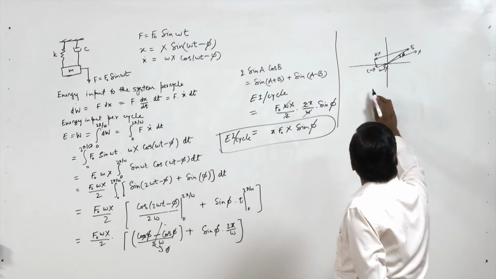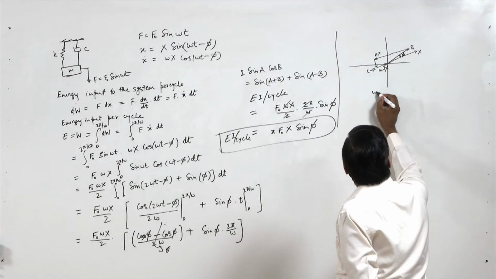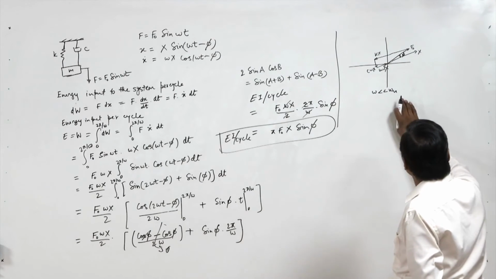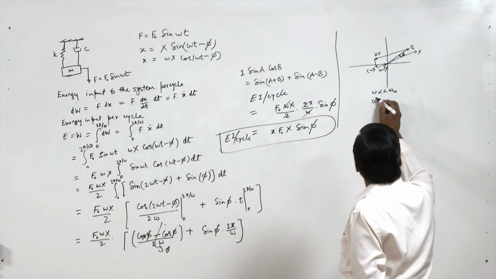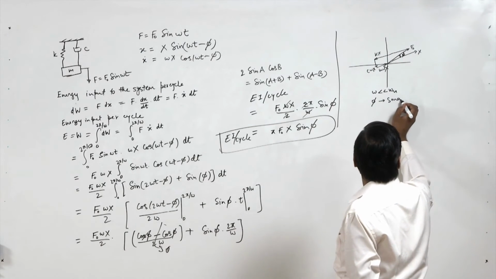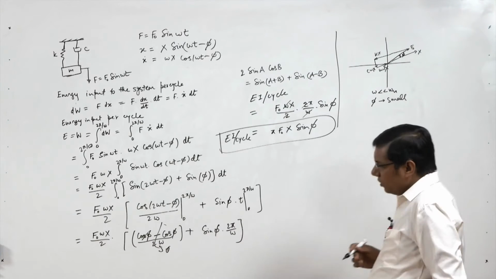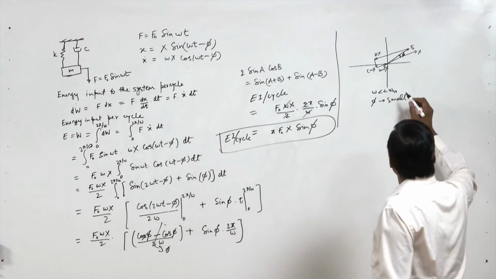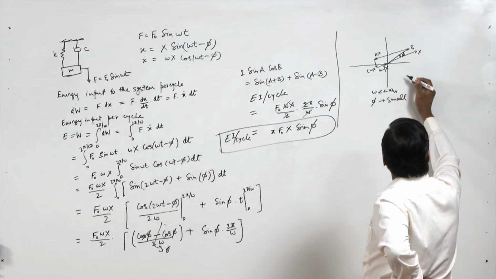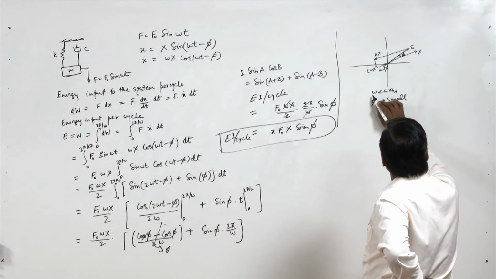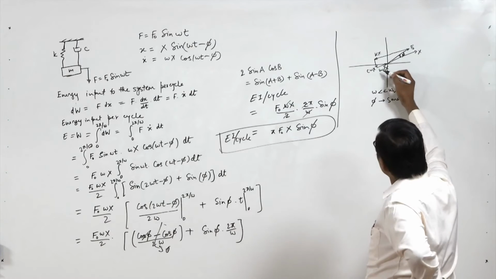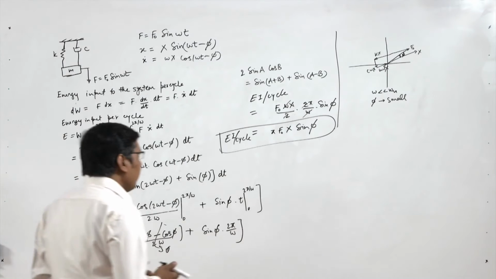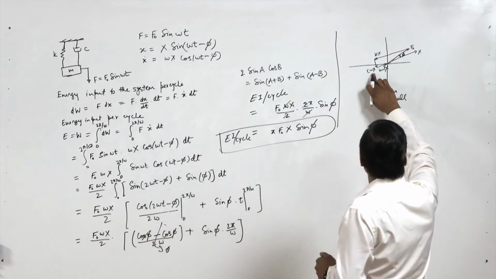So if we see when omega is much less than omega n, the phi is very small, and in this case omega is very less, so the inertia force m omega square x will be negligible or very small, and even the damping force will be smaller.